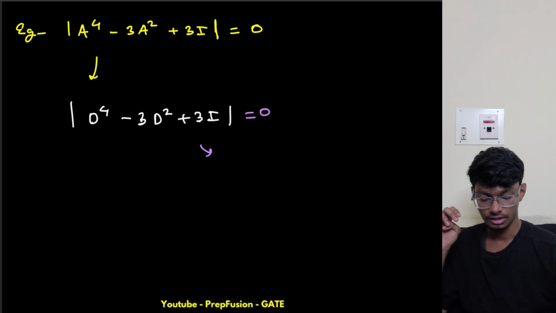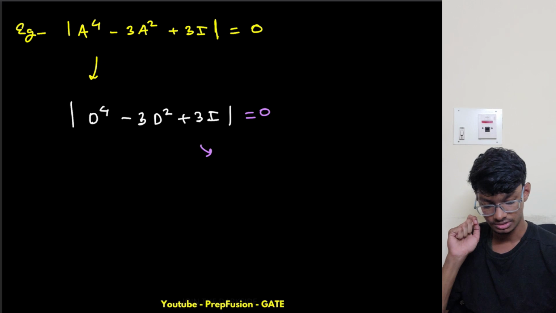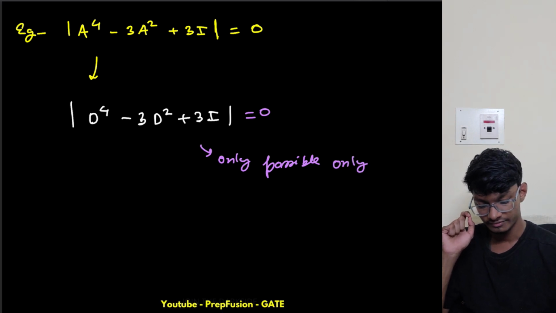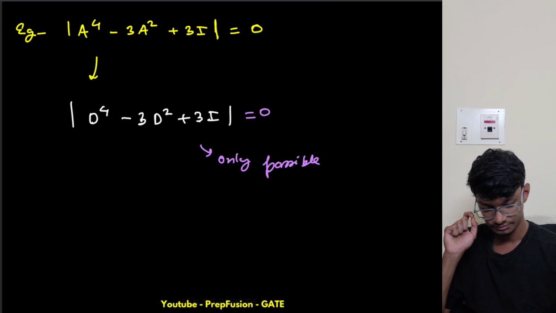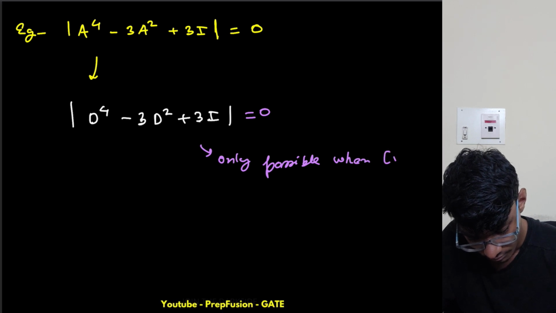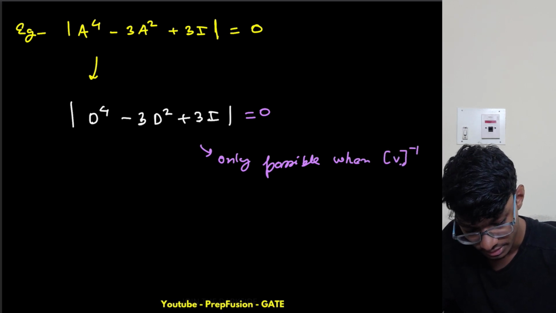And this will be easier for us to find, but this is only possible when V inverse exists, right? When V inverse exists. Okay.